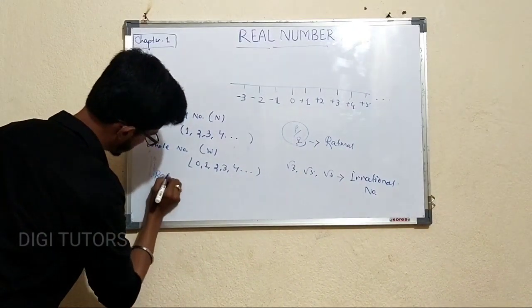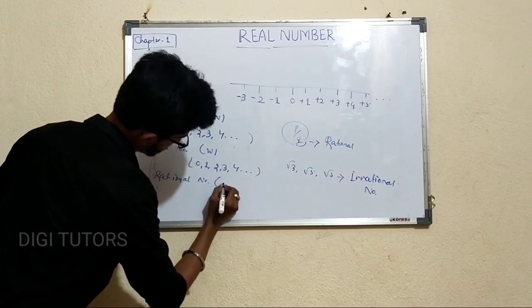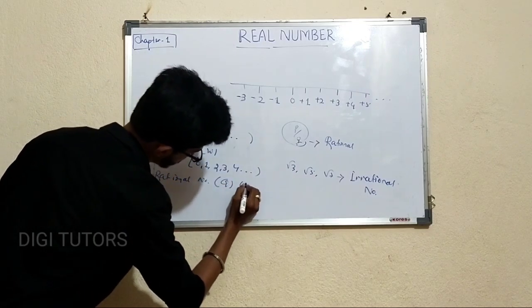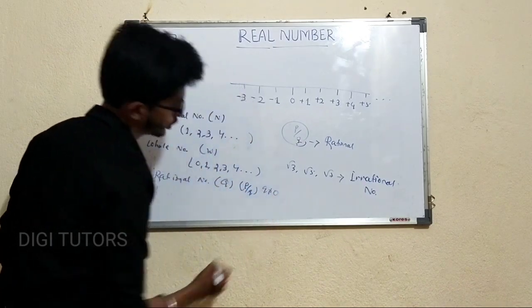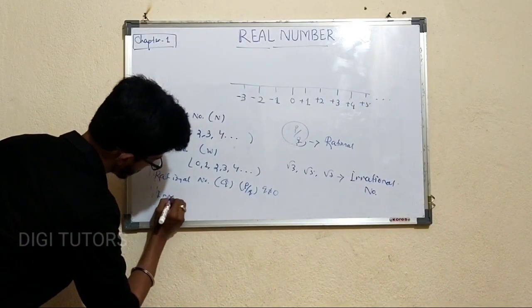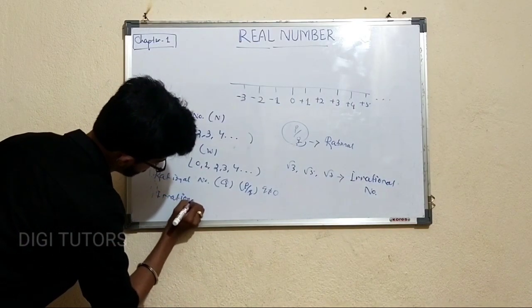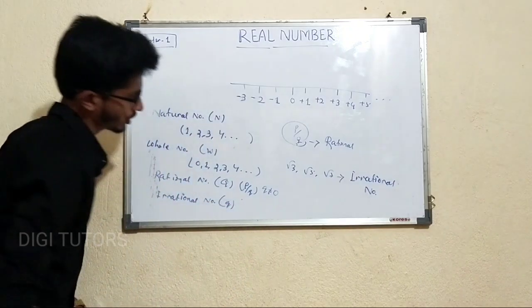And the rational number, which is represented by capital Q, is of the form p by q, where q is not equal to 0. And the last one is the irrational number, which is represented by small q, okay?